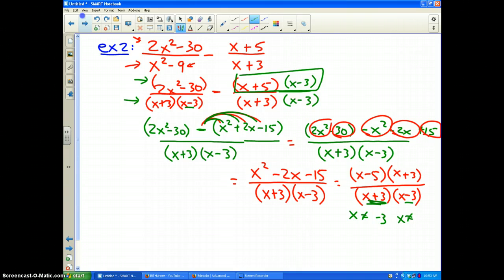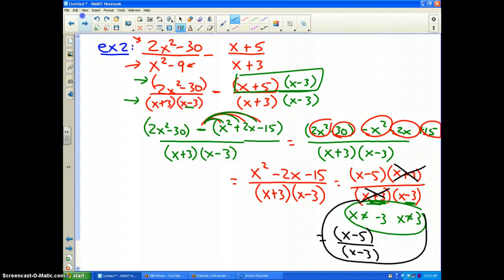X cannot be positive 3 for that piece. And finally reduce, the x plus 3's cancel out, and you get a final answer of x minus 5 divided by x minus 3 with my x's that are unusable or not possible. That's it, people. That's adding and subtracting.